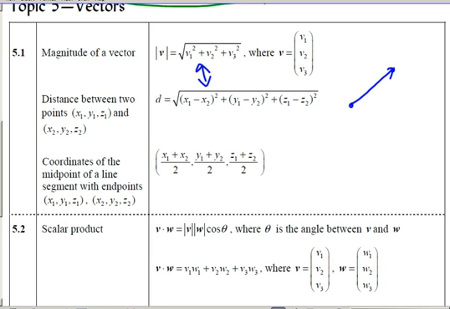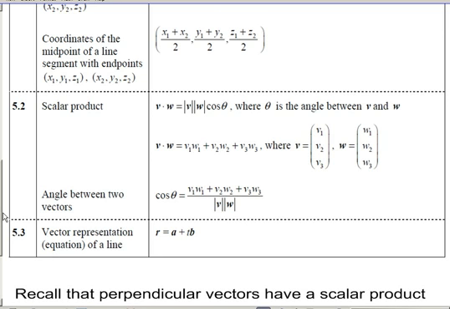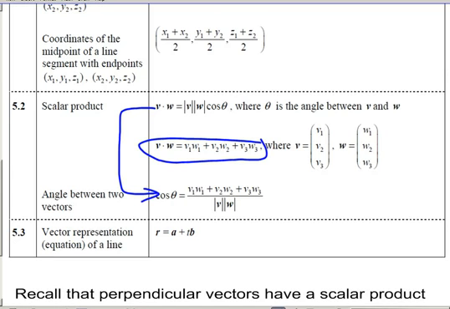Coordinates of the midpoint, just the average of your x's, average of your y's, average of your z's. Scalar product, or sometimes called dot product, is given here. And these are just rearrangements of the same formula that's really applicable when you're looking for the angle between two vectors.